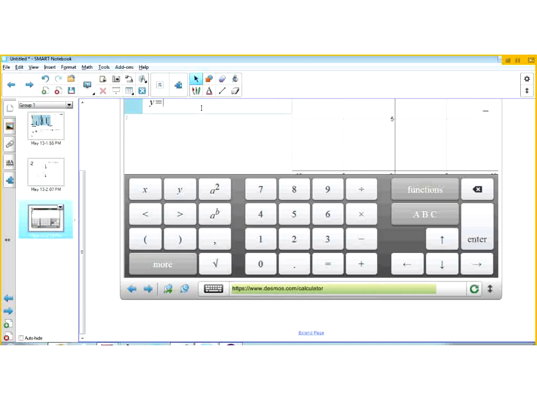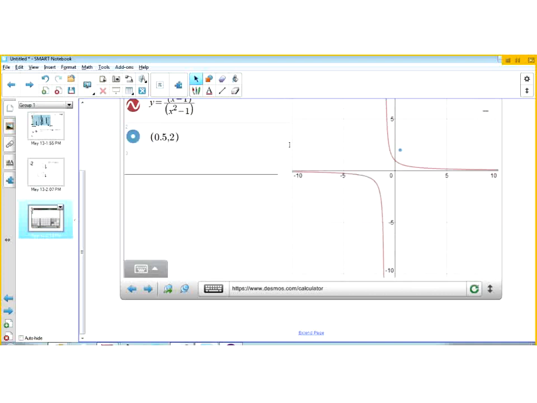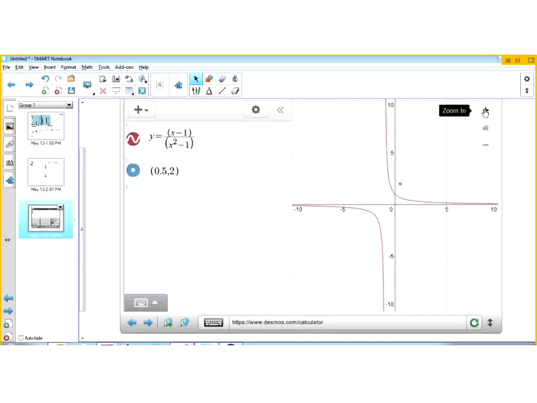So y is equal to x minus 1 divided by x squared minus 1. The next thing I'm going to do is define the point (1, 2). Let's plot this point. So this time, this is my graph. I forced the function to actually exist at 1.